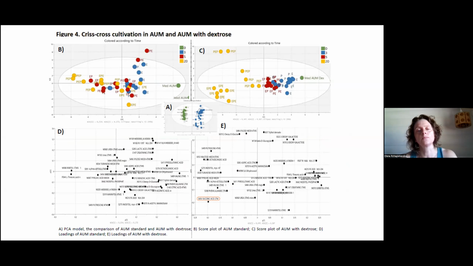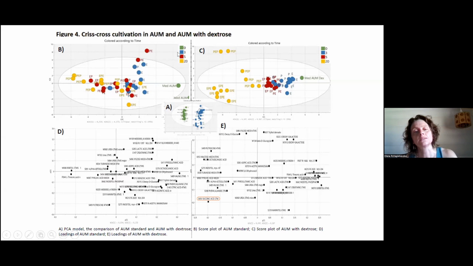And so then we plotted them separately. B is AUM without dextrose, and C, AUM with dextrose. And if you look, the colors mean the time. You remember we've been culturing first for 3 hours, then filtering, adding new bacteria, culturing another 2 hours, and then for 20. So yellow, blue, and red, these are the time points.